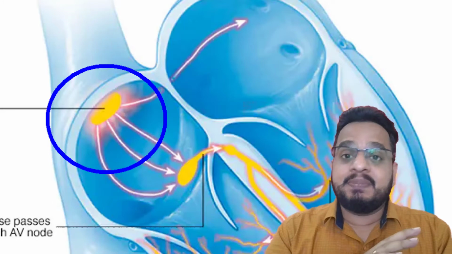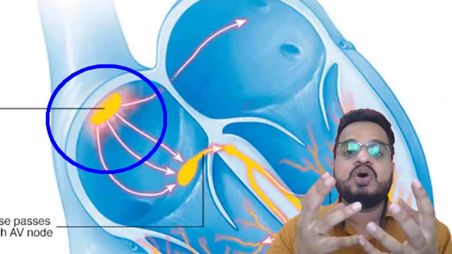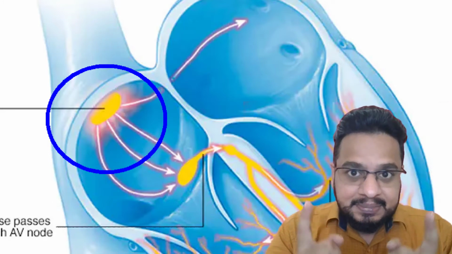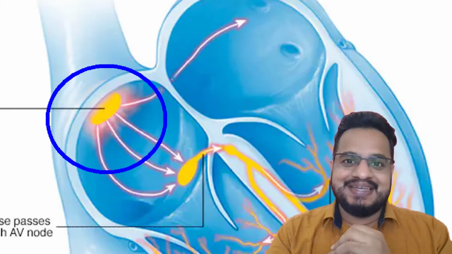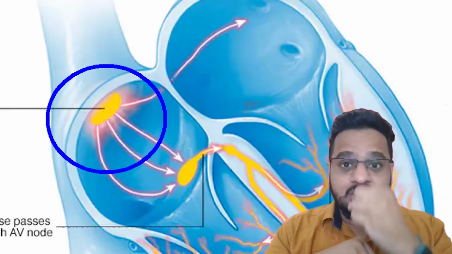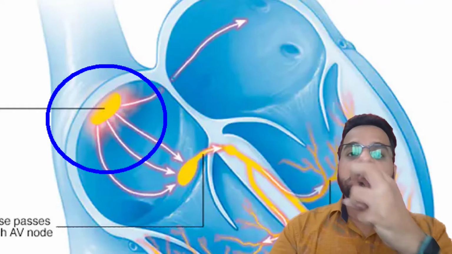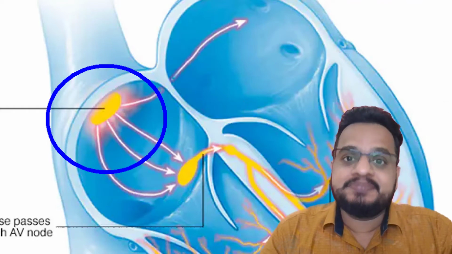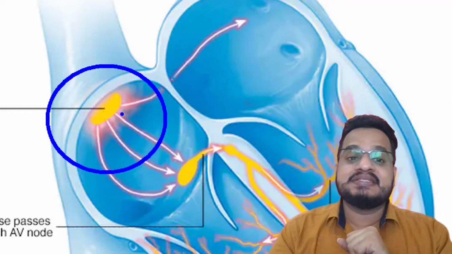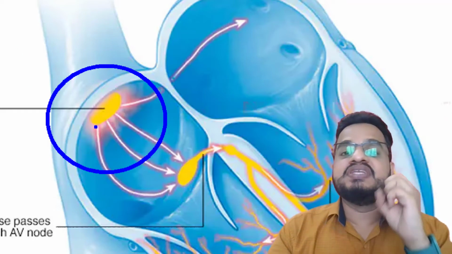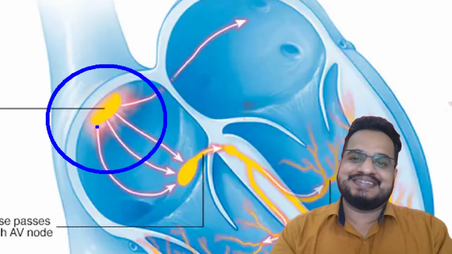For pumping the blood, the cardiac muscles need to contract. First, atrial contraction. For contraction of the atrium, the sino-auricular node will generate the impulses.